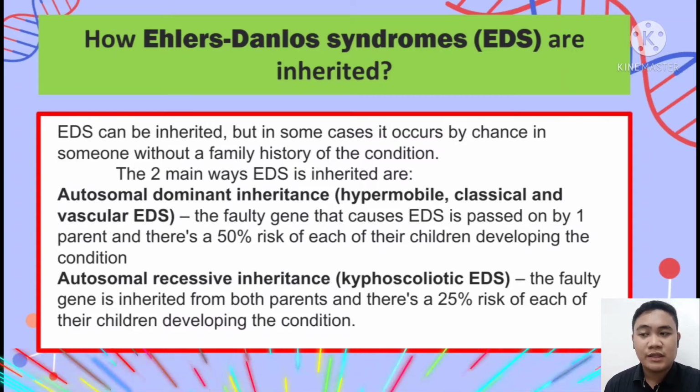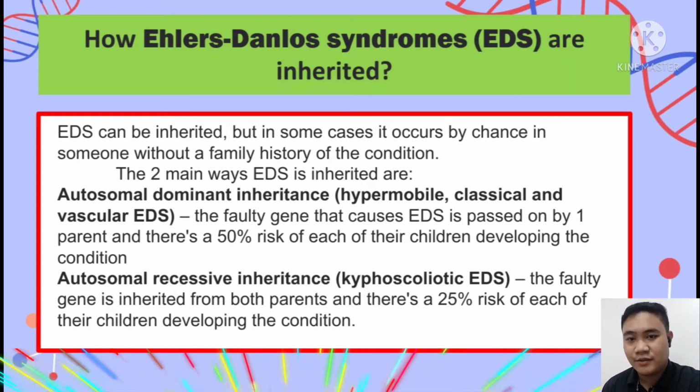The faulty gene that causes EDS is passed on by one parent, and there's a 50% risk of each of the children developing the condition. Second is autosomal recessive inheritance, where the faulty gene is inherited from both parents, and there's a 25% risk of each of their children developing Ehlers-Danlos syndrome.